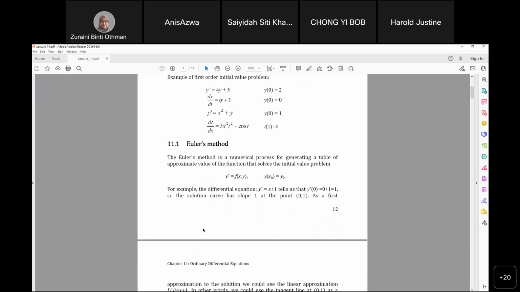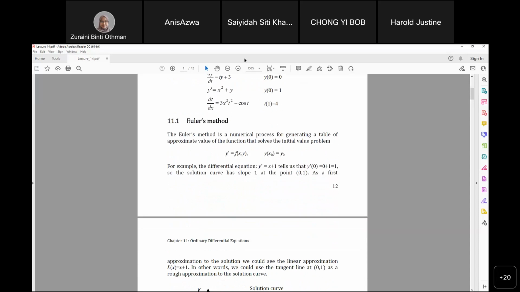For this Euler method, we have this persamaan pembezaan and this is the initial value. Now we want to find the original equation using linear approximation, and the Euler method solves by using the linear approximation.